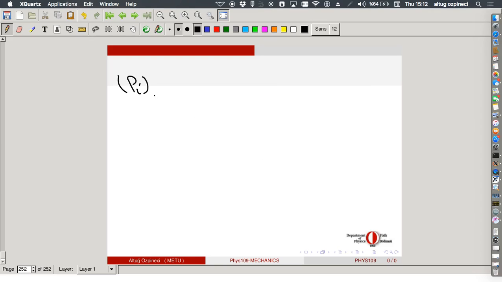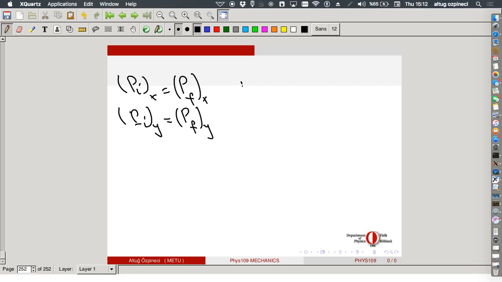So we know that the x component of the initial momentum should be equal to the x component of the final momentum. This we had already seen in one example. We didn't study it, but if we had studied, we would have seen that the y component of the initial momentum should be equal to the y component of the final momentum.